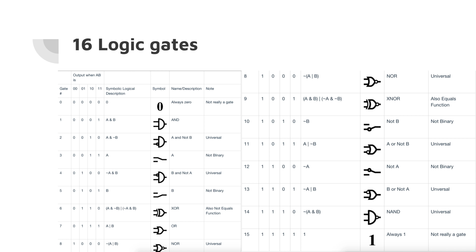Hopefully that made sense. So there are 16 possible logic gates. I found this at the Universal Logic Gates part at, I think it's called All About Circuits.